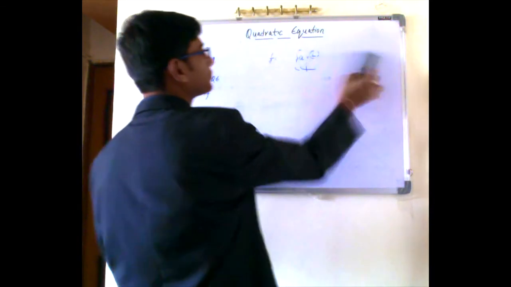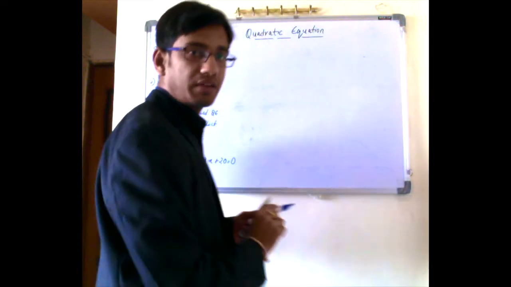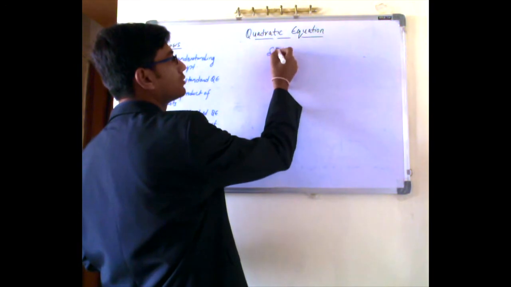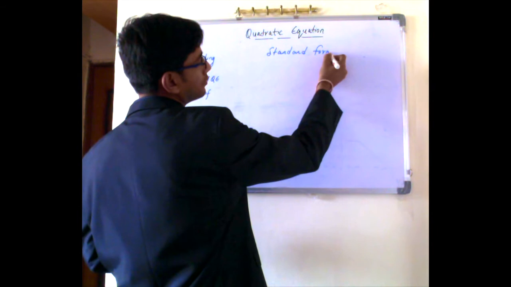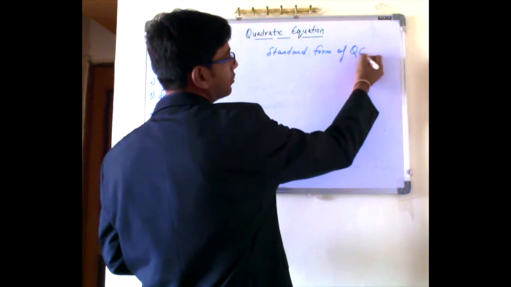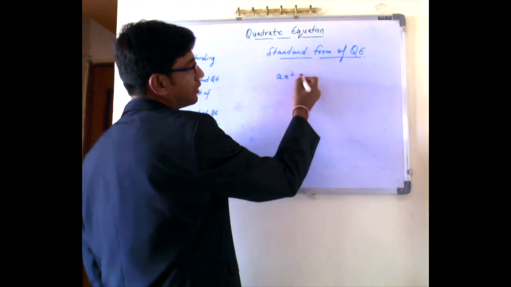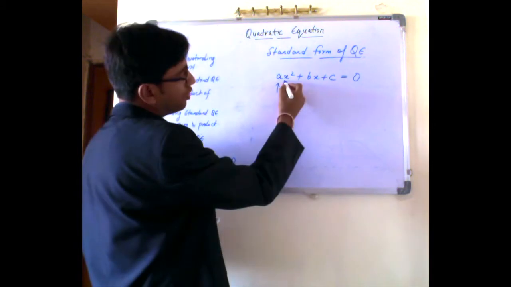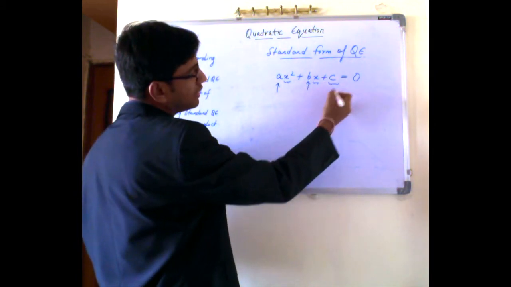So I'll explain this in a bit more detail. This is basically the standard form of the quadratic equation: ax² + bx + c = 0. Here a is the coefficient of x², b is the coefficient of x, and c is the constant term.